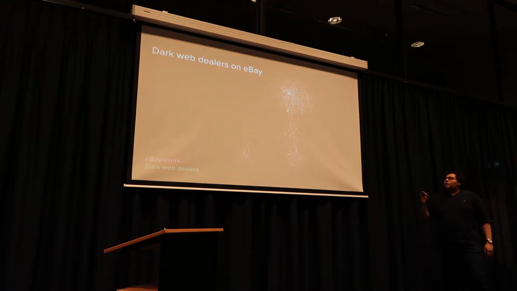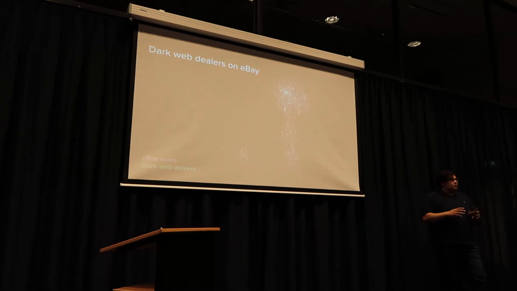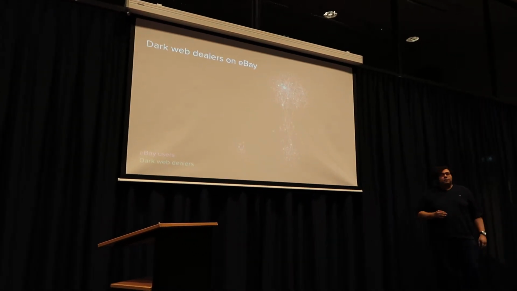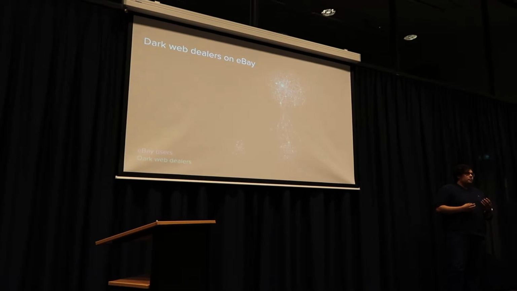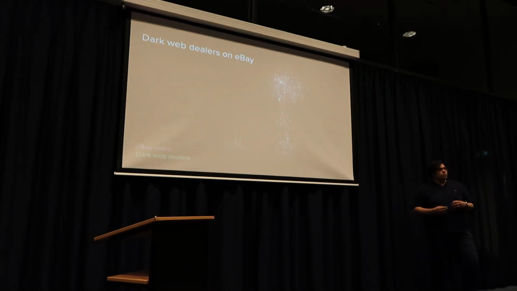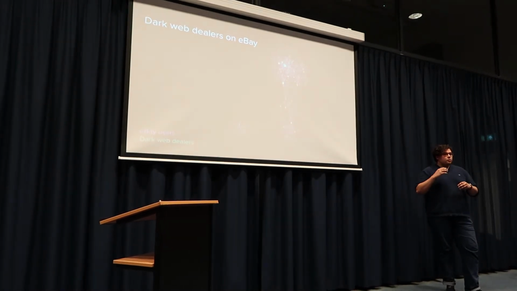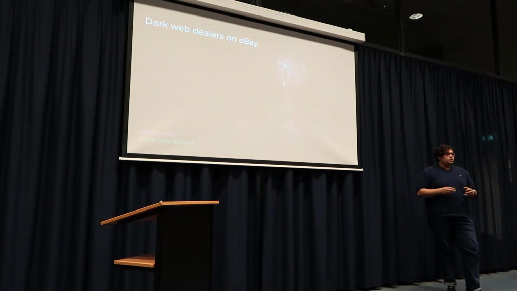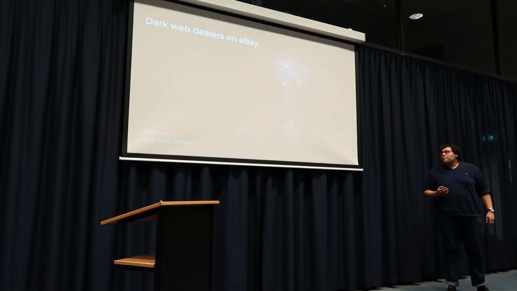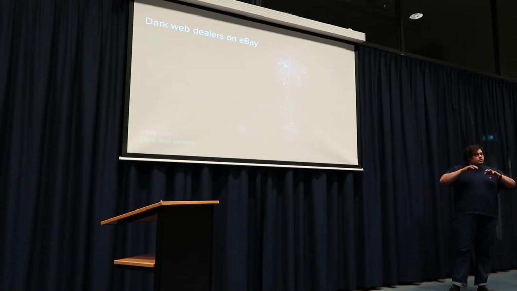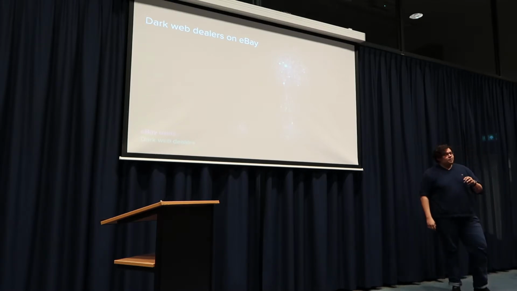This is an example of the dark web dealers that have an account on eBay, or at least that's our assumption for now. We've mapped them to the people who have given them feedback or to whom they have given feedback. With this data, we can form a network around each potential darknet vendor. Then we found correlations between users that had contact with multiple darknet dealers on eBay.